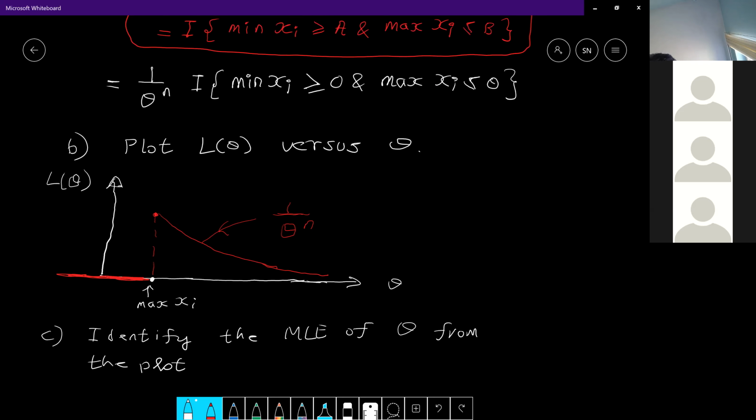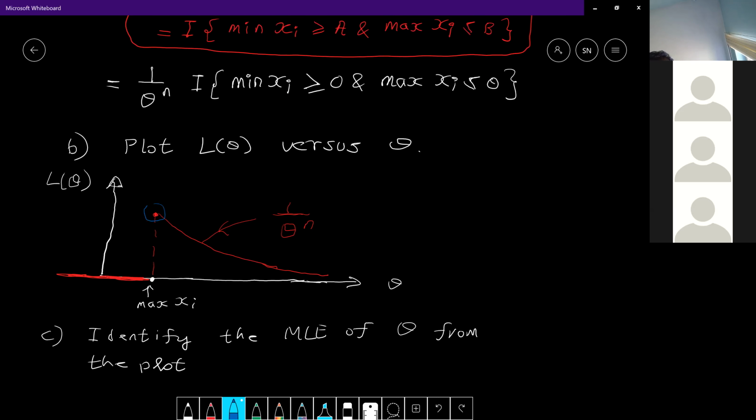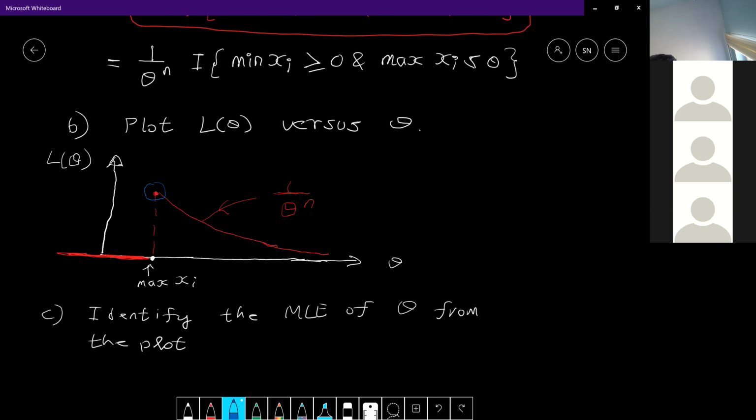Obviously, the largest point of the graph is this one, and the corresponding theta value is the maximum of xi. Hence the MLE, theta hat, is equal to max of xi.